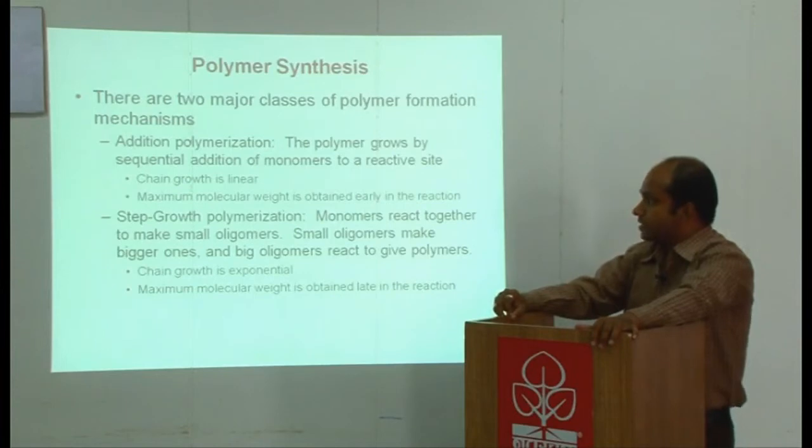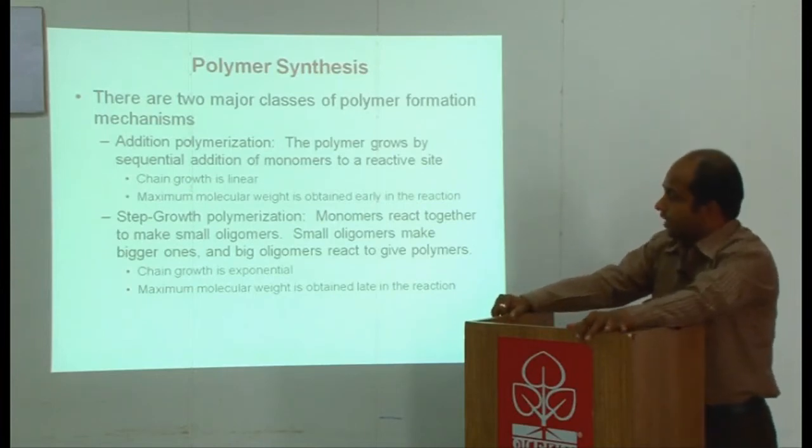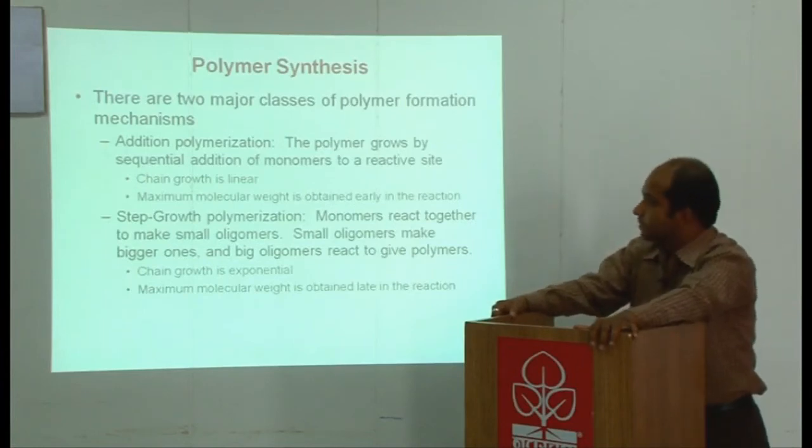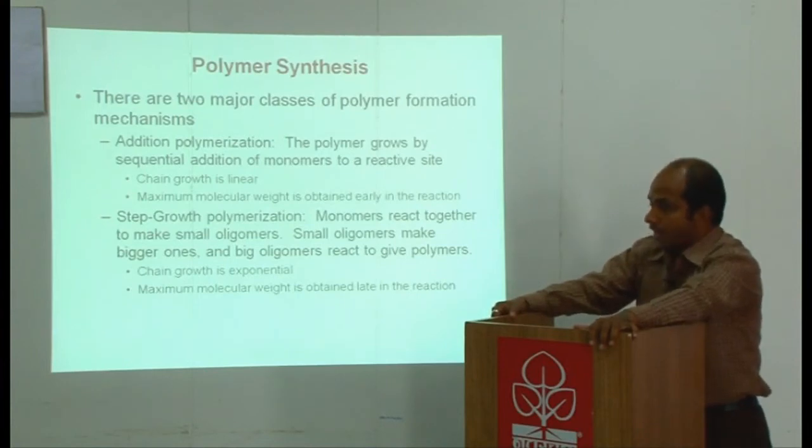Now, the major difference between these two types of synthesis is that in case of addition polymerization, the chain growth is linear, and more importantly, you can have a maximum molecular weight at a very early stage of a reaction.